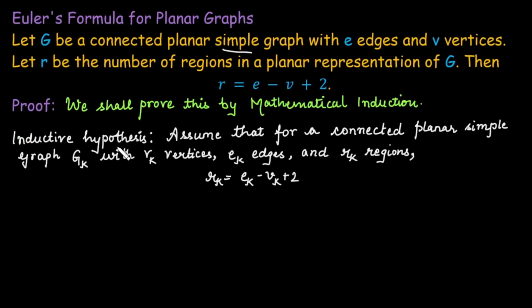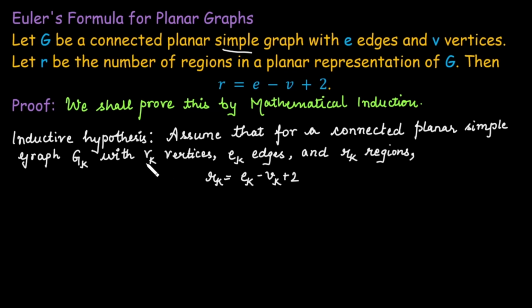The inductive hypothesis we are taking is, suppose we have any Gk graph that is connected, planar, simple, with total number of vertices Vk, total number of edges represented by Ek, and the total number of regions Rk. Do not think that there are k vertices. We do not know what Gk is. Maybe there are 5 vertices, maybe there are 6 vertices.